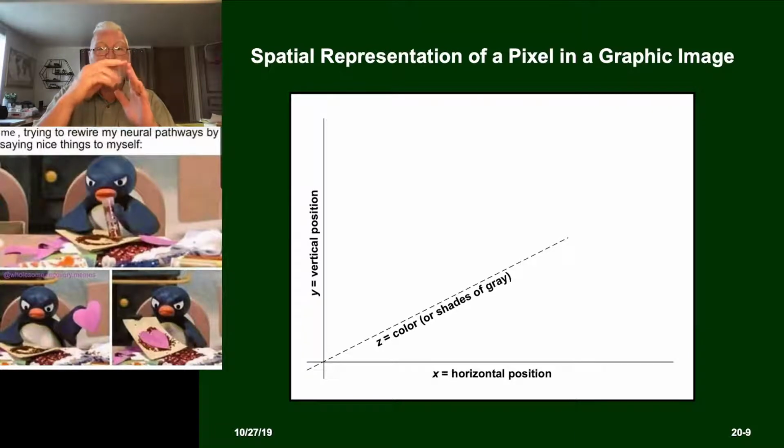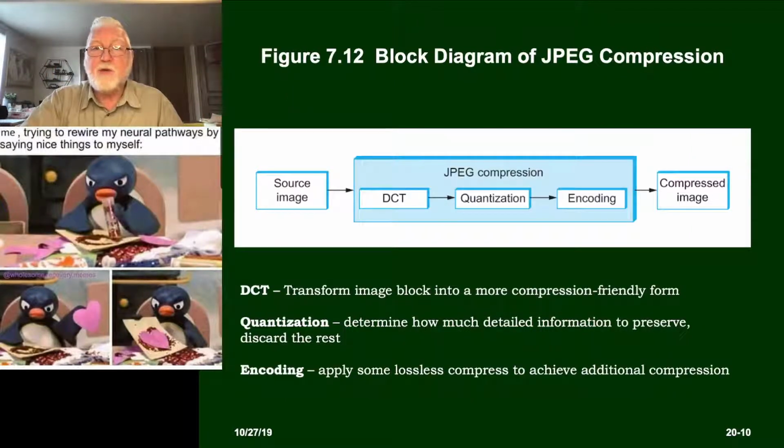So at this location, X and Y, there's a particular color, Z, at the resolution of individual pixels. And there can be a lot of pixels, obviously, in a given image. We take that source image, which is built with an XY location and a particular numeric representation of the color of the pixel.